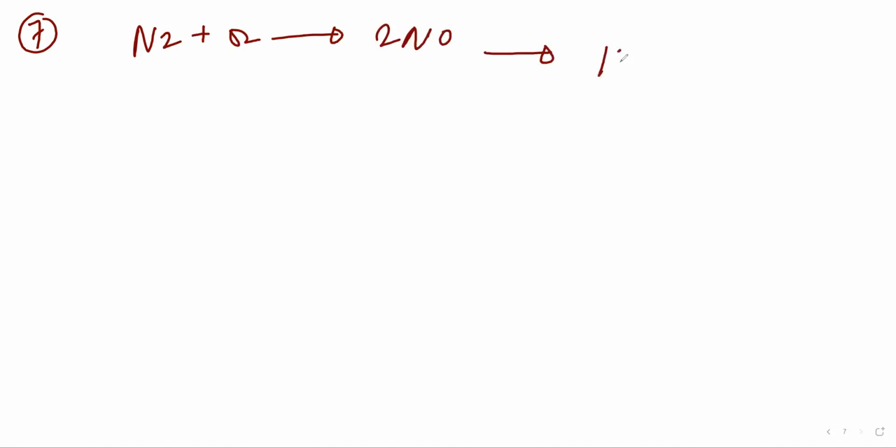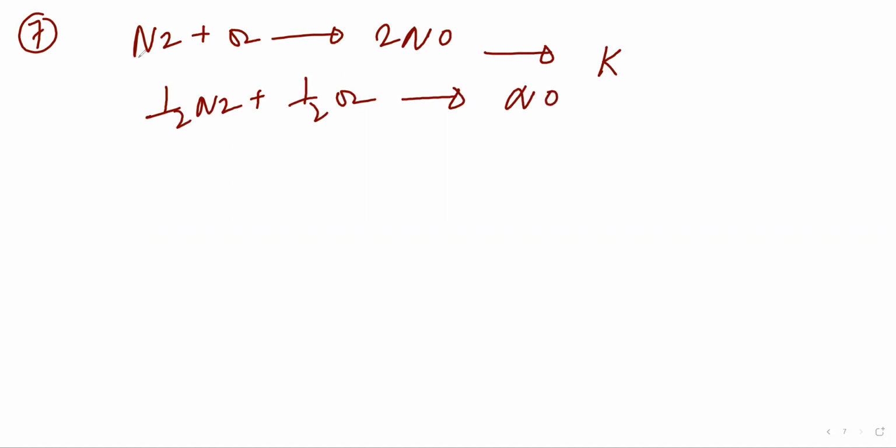Now look at question number 7. So it is nitrogen plus oxygen produces 2NO. For this reaction the equilibrium constant is given as K. For the next reaction, half N2 plus half O2 produces NO, what will be the equilibrium constant?